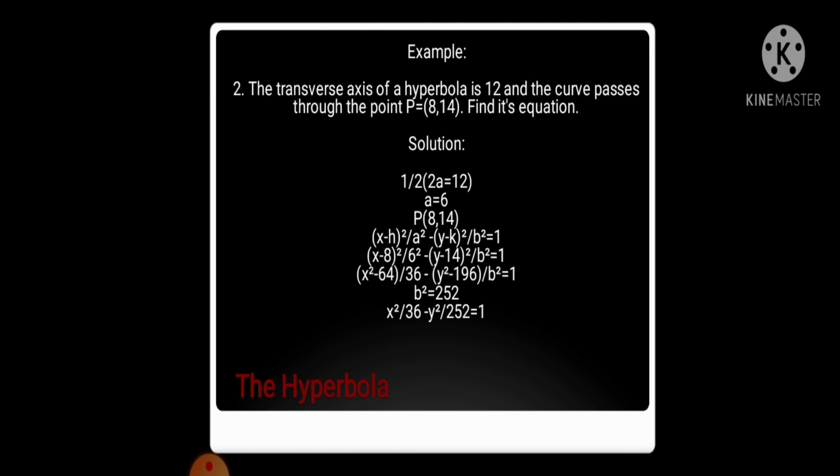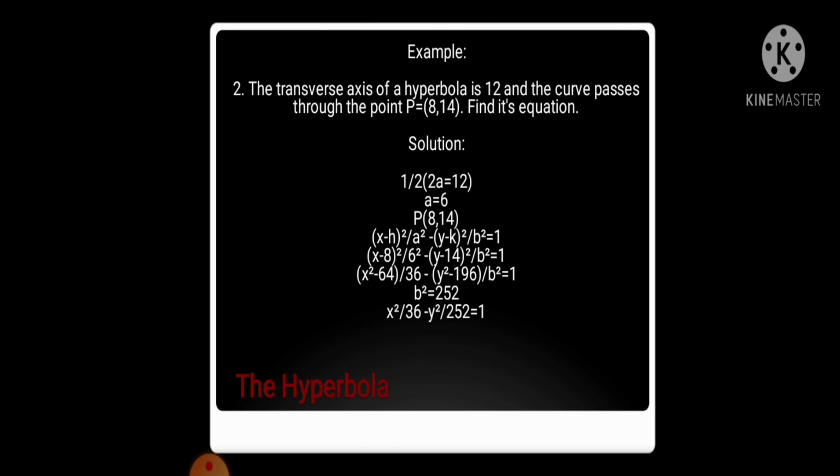Wherein you may factor out. So x minus 8, you factor that. So it becomes x squared minus 64 by 6 times 6 equals 36. So, under it, minus y minus 14. So, you factor that. So, y squared minus 196 because negative 14 times negative 14 equals 196.